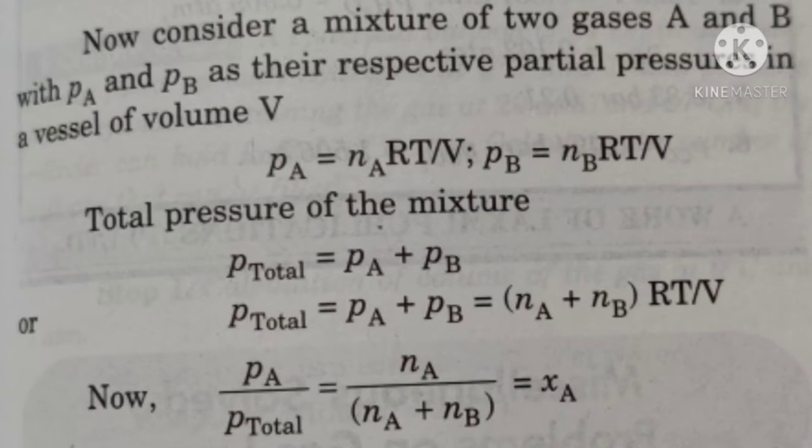Then we can write this is (nA plus nB) RT upon V. We have taken nA and nB together because there is a common factor RT upon V.